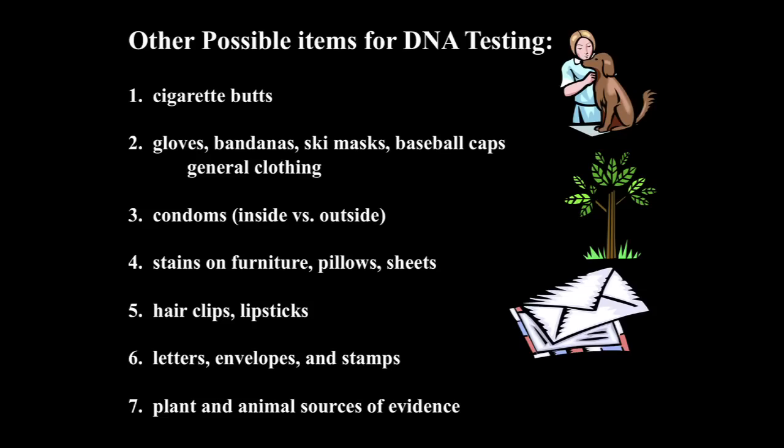But these sources could be recovered from various different items, and you could think about where you leave your DNA behind. Cigarette butts, cheek cells sloughing off, and we will do a project in the last lecture where we isolate our own DNA from your cheek cells, so I can show you exactly how that's done. But cigarette butts, a small number of cells could be left behind there.